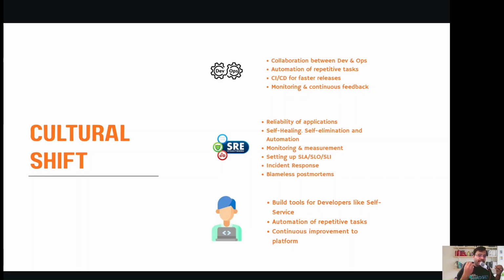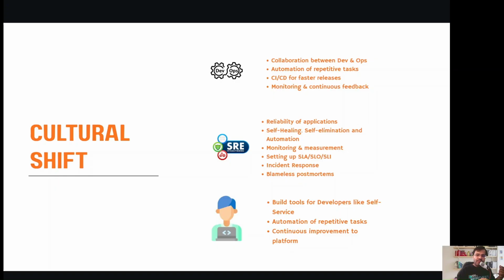Once the code has gone into production, how is my platform, whether it's safe, reliable, resilient, etc. So that's the culture shift for all three roles, which is DevOps, SRE, and the platform engineer. I hope you got an understanding of the first agenda, which is the culture shift.